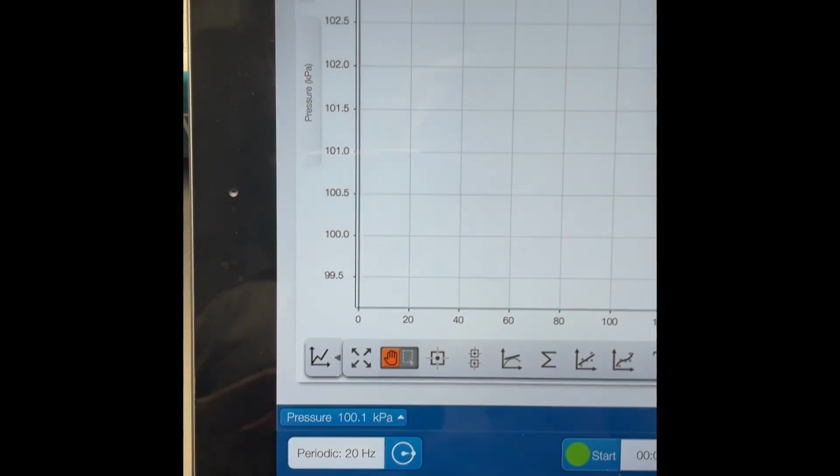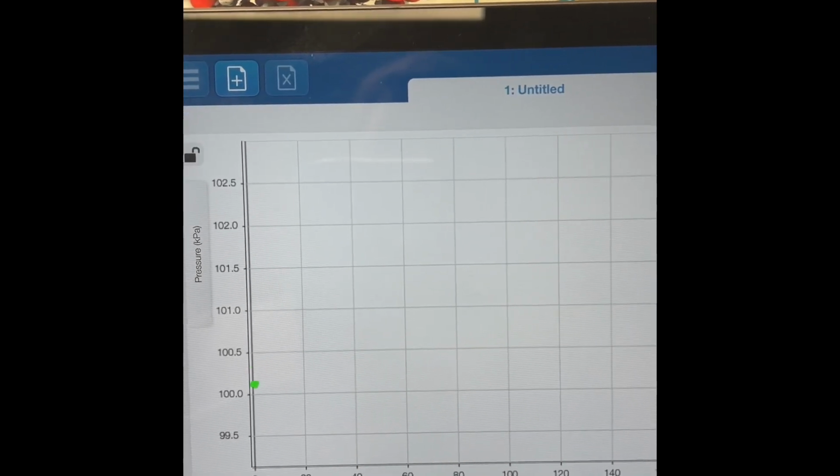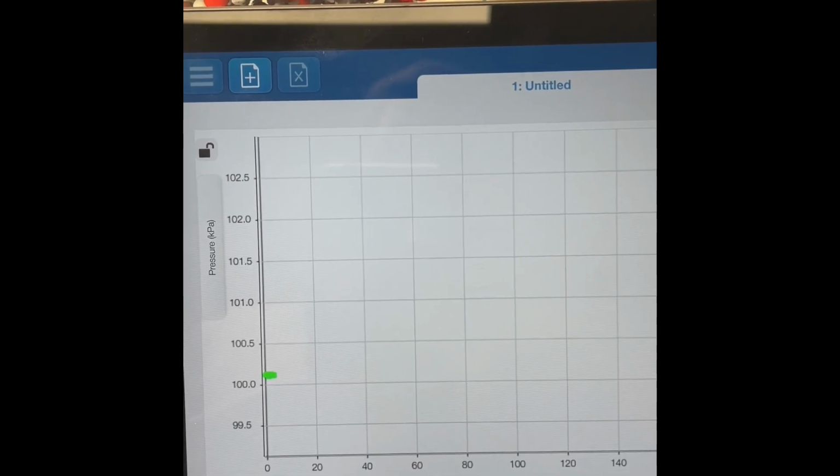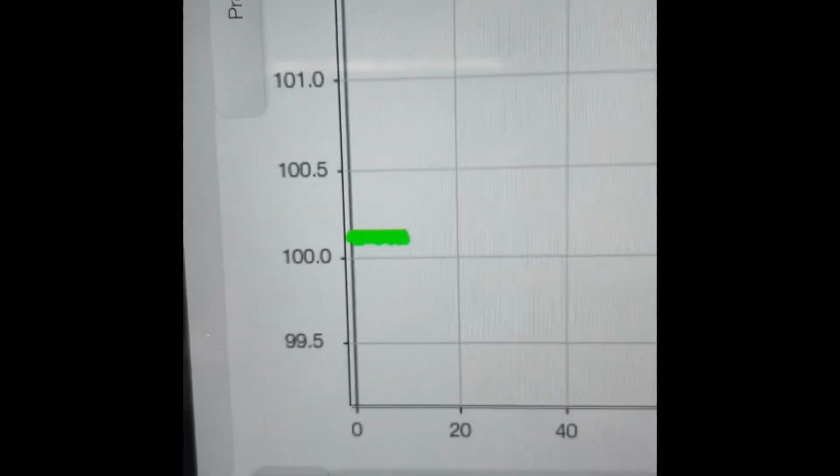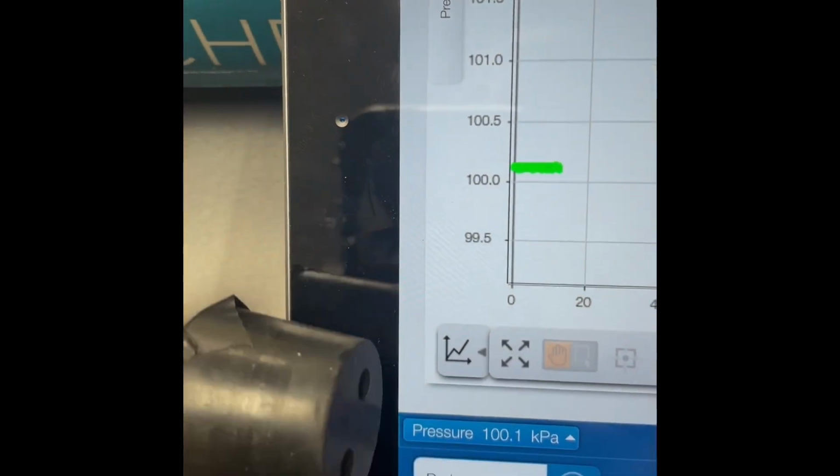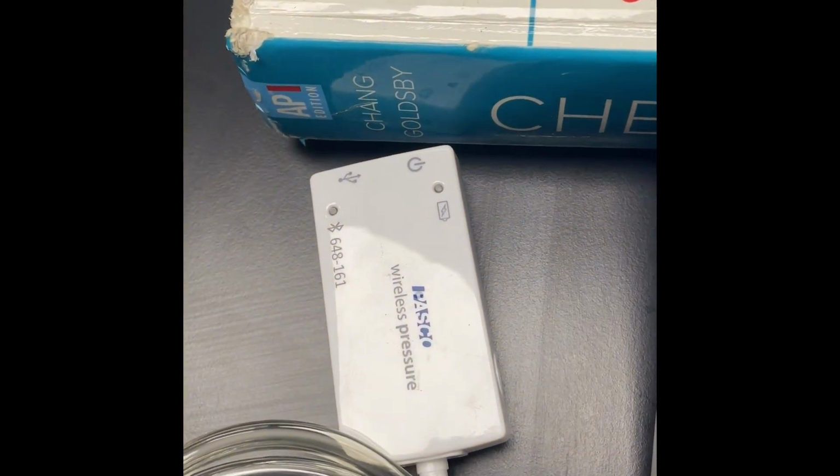What do we get? We got absolutely nothing because I missed the button. There we go. And there we go. This is the air pressure in the room here being registered here with our Bluetooth probe.